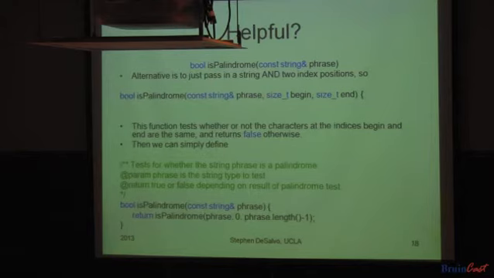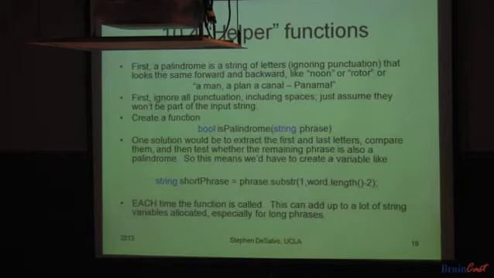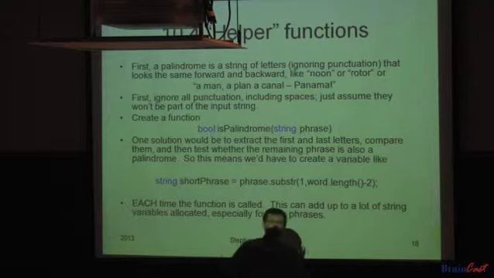Okay, so also in the same idea as recursion is this idea of a helper function. So for example, consider the following function called isPalindrome. Do you guys know what a palindrome is? A palindrome is a word that is spelled the same forwards as it is backwards.